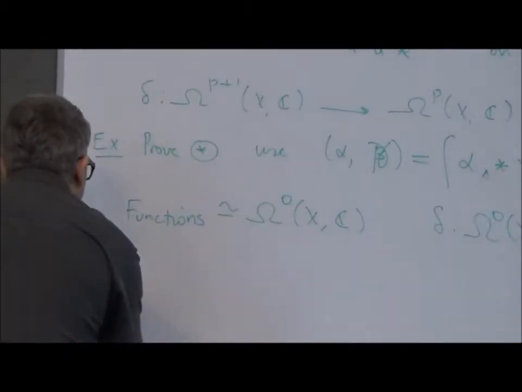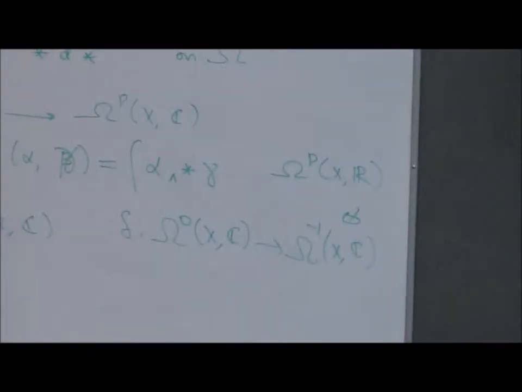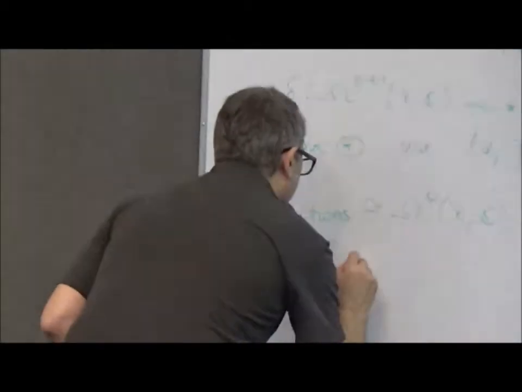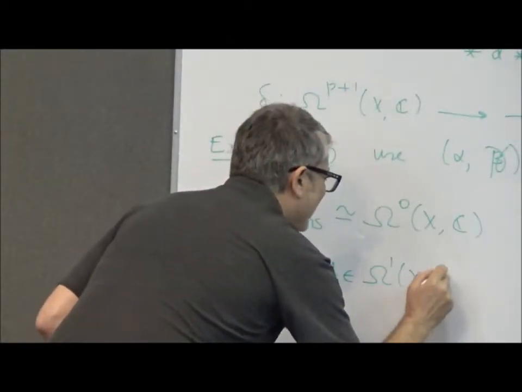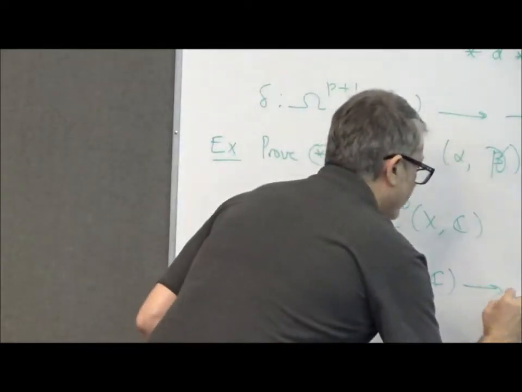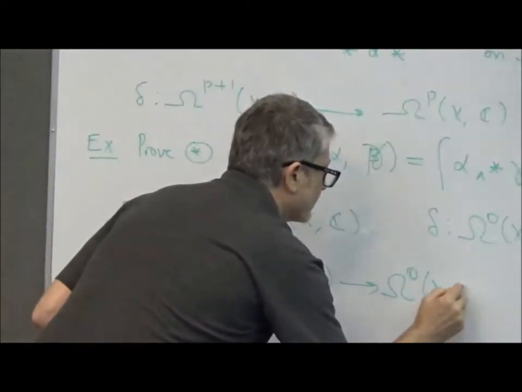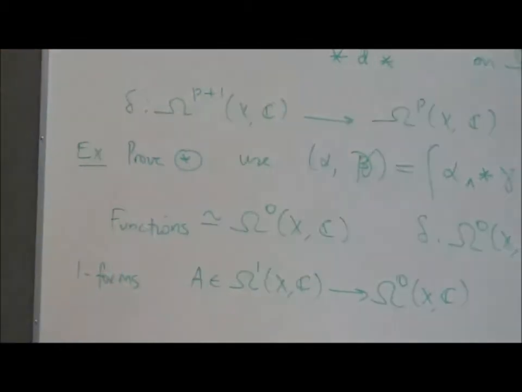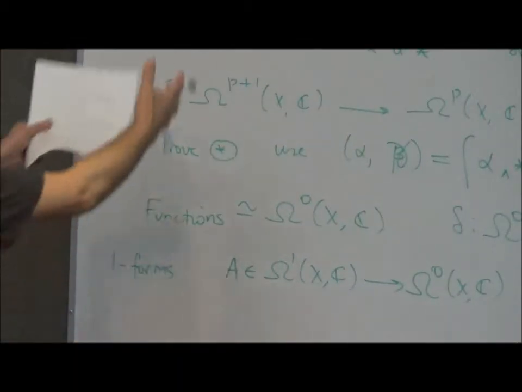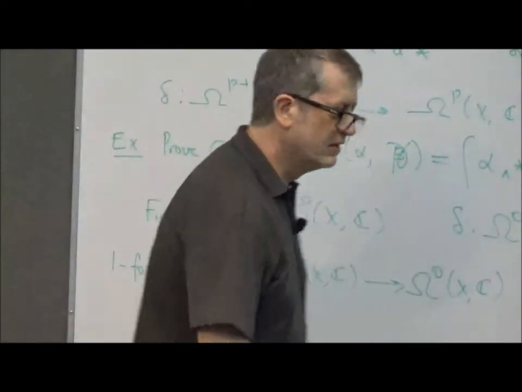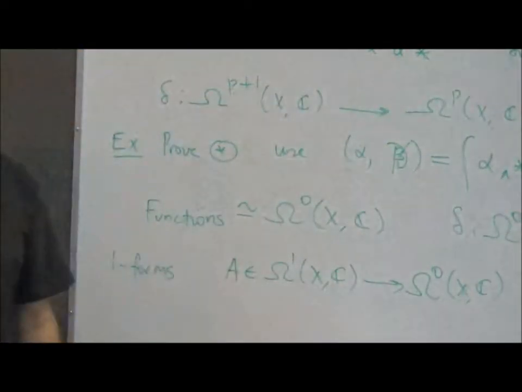What does it do to one forms? So one forms, just so you get the hang of it. Let's take A to be an element of omega 1 x c. It's got to go into omega 0 x c. And it's got to be covariant because everything that we've done is covariant. But this is a set of functions.